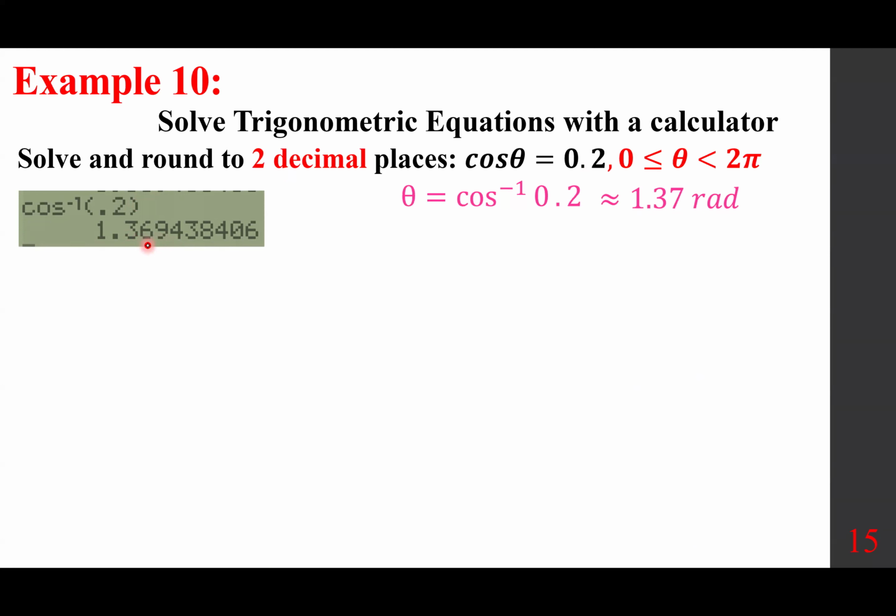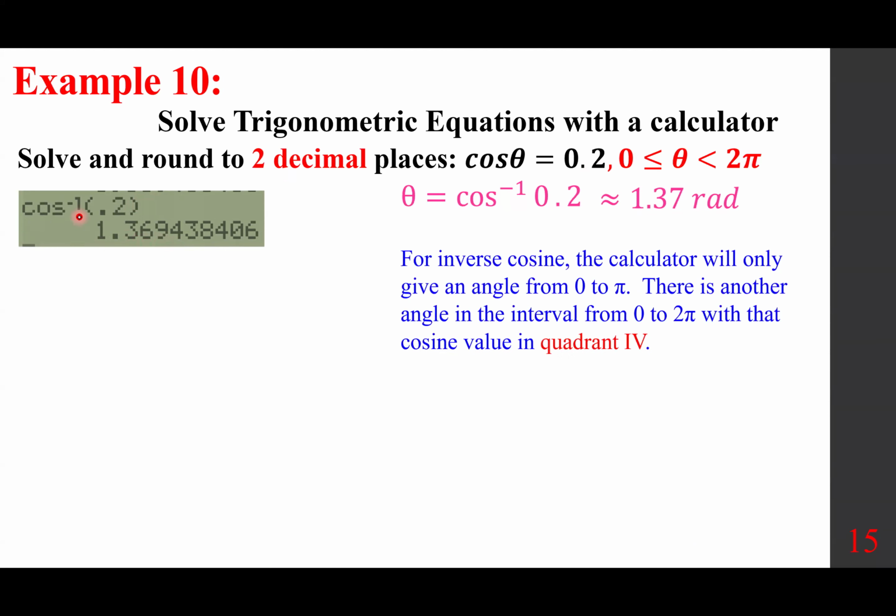Now, remember, there are two answers, but when you use the inverse because of the restriction we put, it gives you only one answer. So for inverse cosine, the calculator will only give you an angle from 0 to pi. There is another angle in the interval from 0 to 2 pi with that cosine value in quadrant 4, just to make sure we understand what's going on.